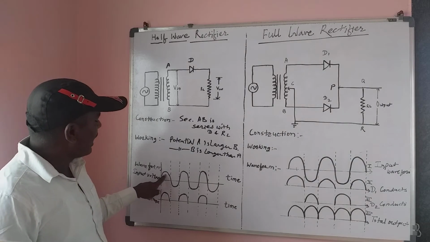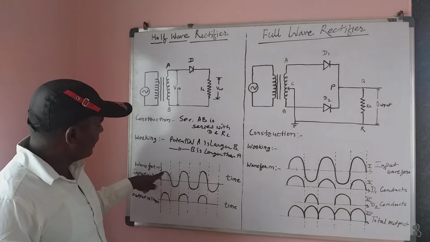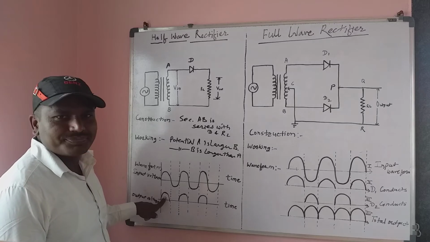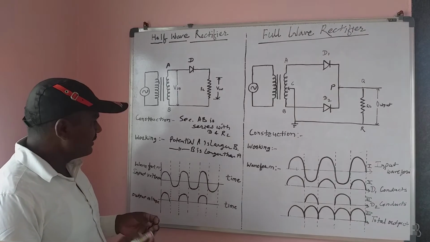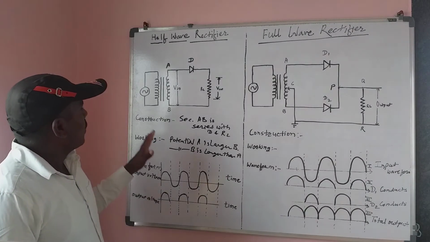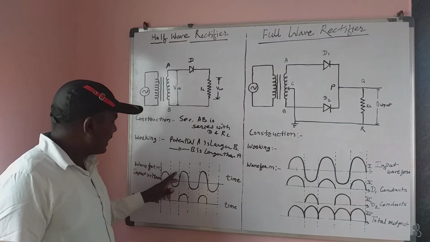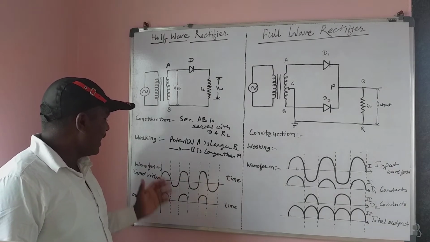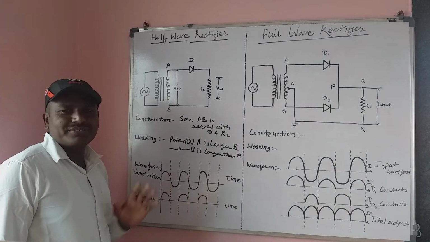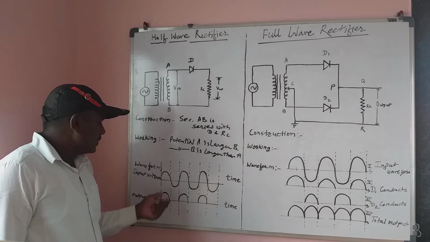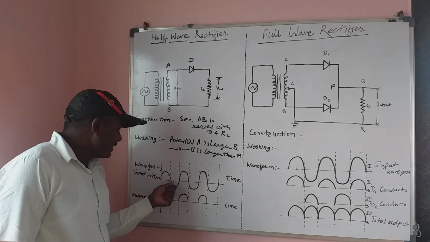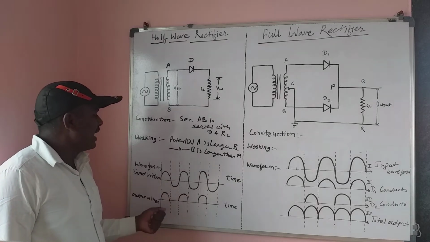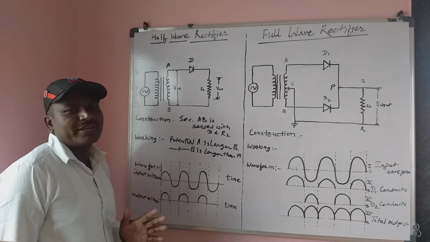Only the positive half cycles which are in the AC input appear in the output DC voltage. The negative half cycle does not pass through the half wave rectifier.